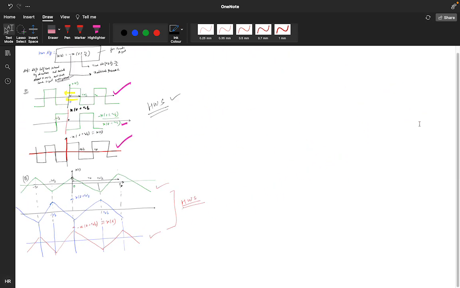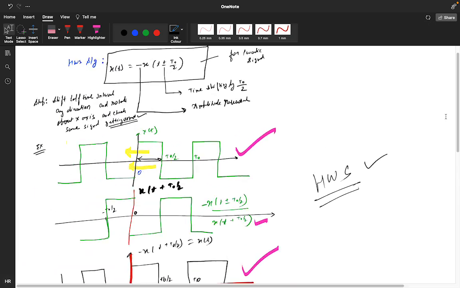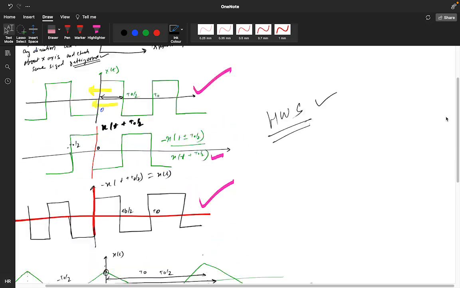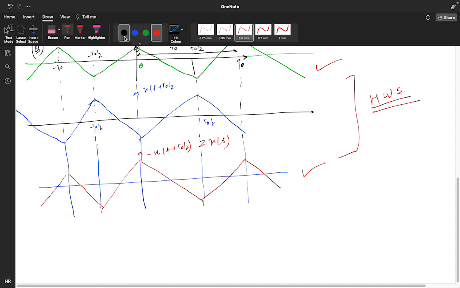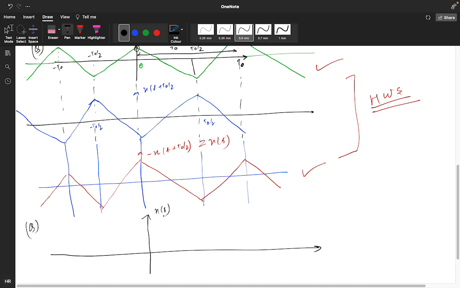Write the next question. The question is, you have a signal, this particular signal. Try to do it by yourself, whether you are getting it or not. So x of t is the signal.